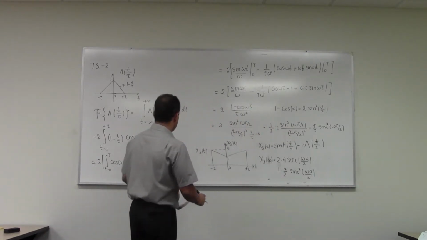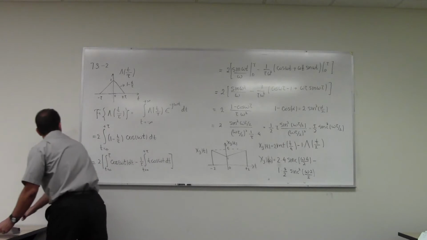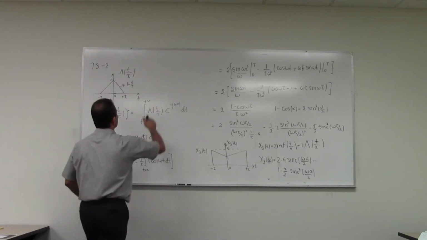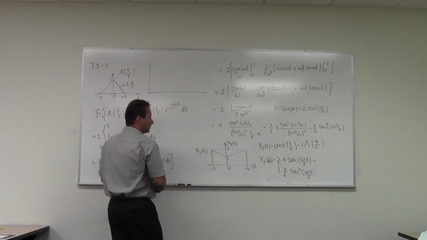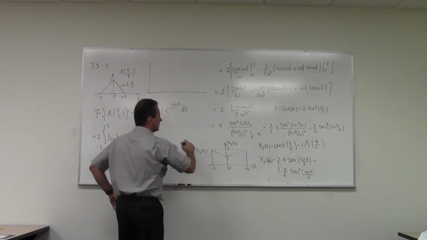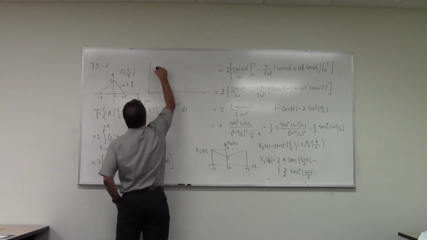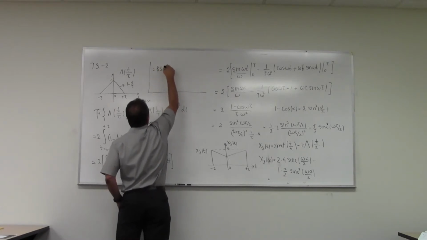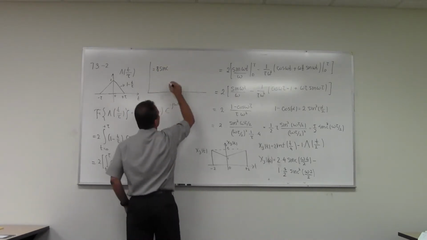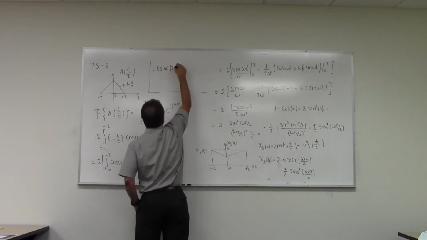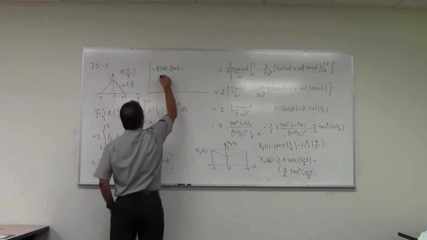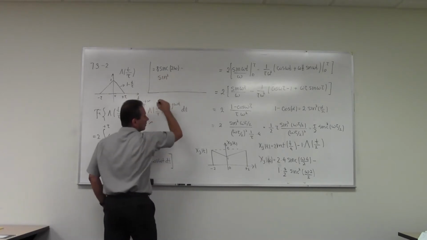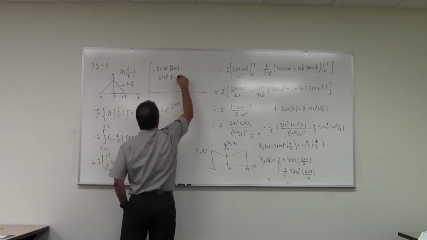Okay? And that can easily be written. Let me use this section of the board here. So it's 8 times sinc of 2 omega minus sinc squared of omega itself.